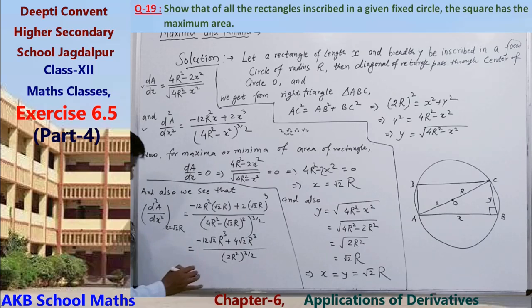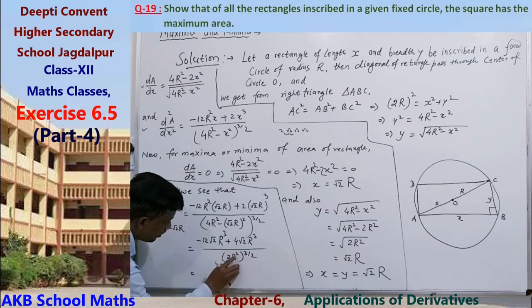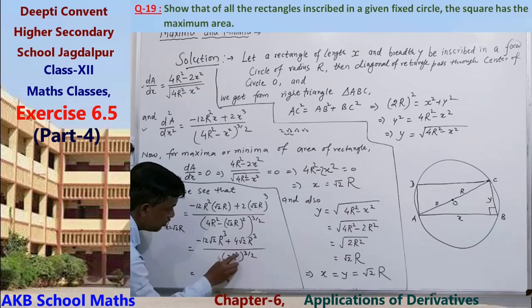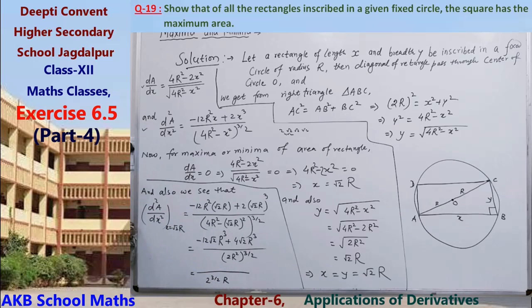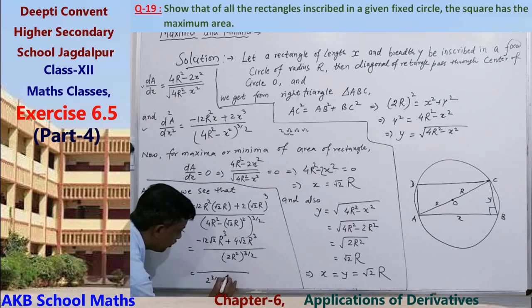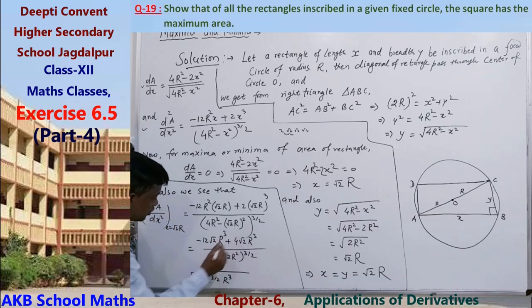Okay, here square cancel, 2 power 3 by 2 r power 3.